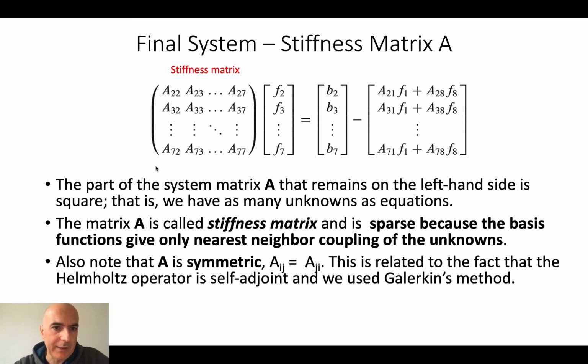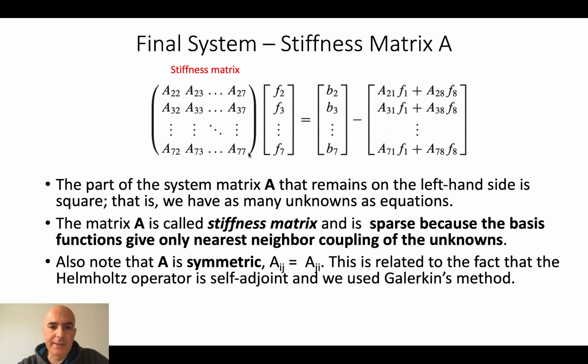You see we have a matrix here, our matrix A, also called the stiffness matrix. Then we have the vector of unknowns, in this case Z or f, equal to the source term multiplied by some terms, minus a vector coming from the boundary condition.